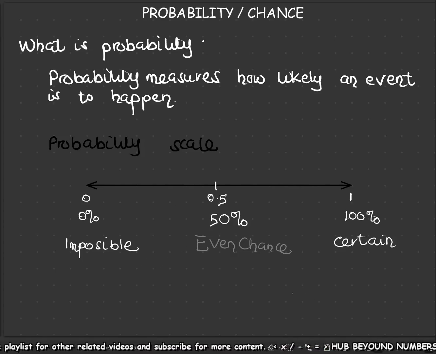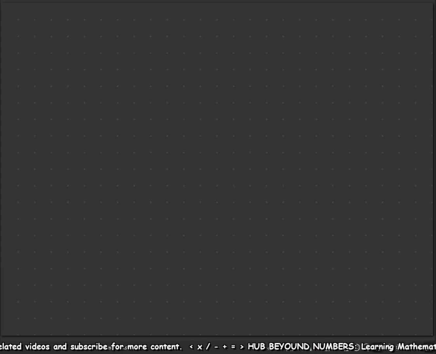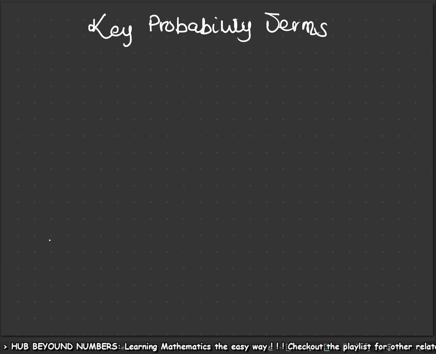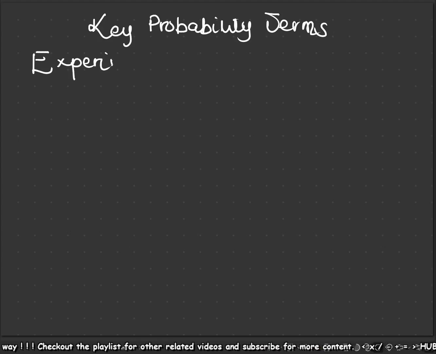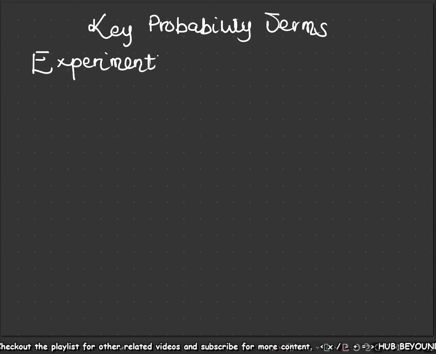Now let's look at some things we will need to understand as we move along. Let's look at some key probability terms. The first term we'll need to understand is what an experiment is. When we talk of an experiment in terms of probability, they mean an activity with an uncertain result.